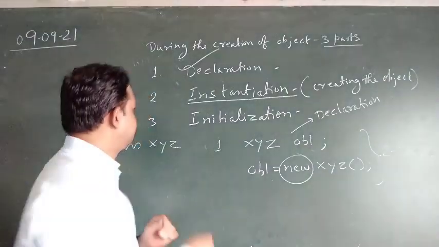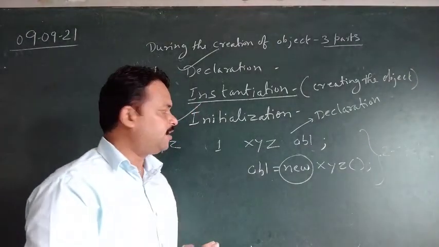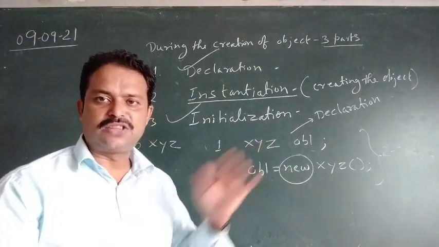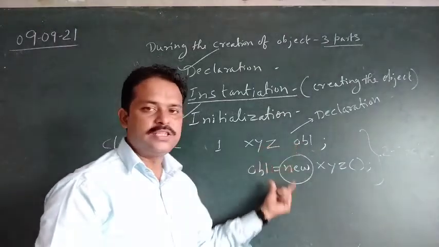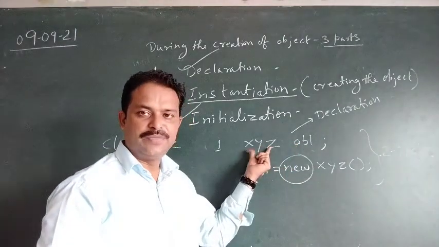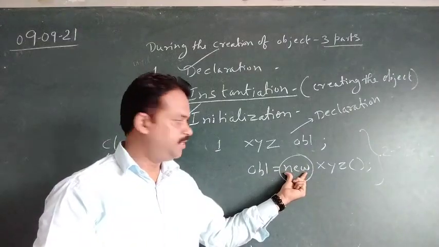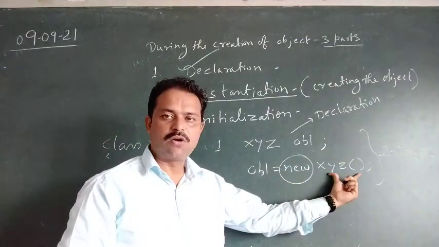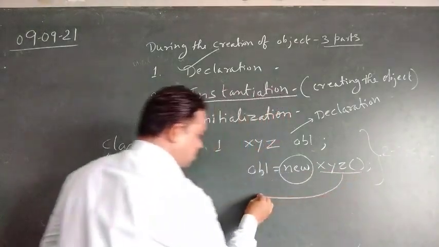And the last, initialization. You know that while making the object, it has been discussed in class 10th also. If you look at these two statements, this is your class name, this is your object name, this is the keyword for creating the object, and this part is known as the constructor.